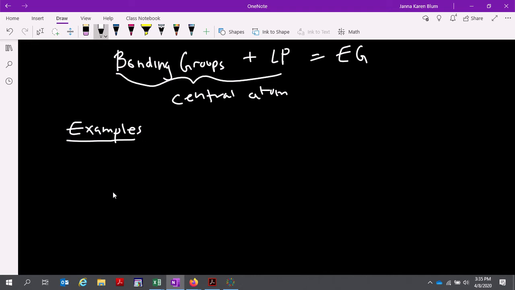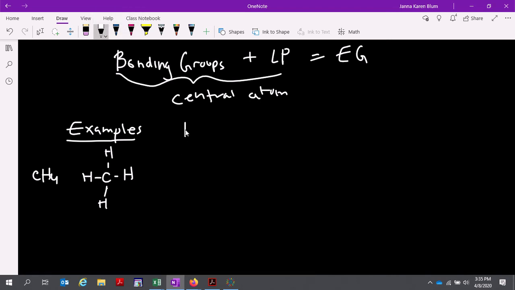If I look at a Lewis structure of methane, CH4, and in order to do these types of problems, you have to be comfortable with Lewis structures. Because if you don't start with the right Lewis structure, you run into trouble.